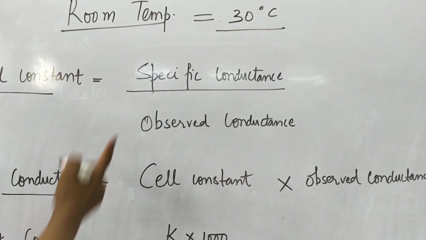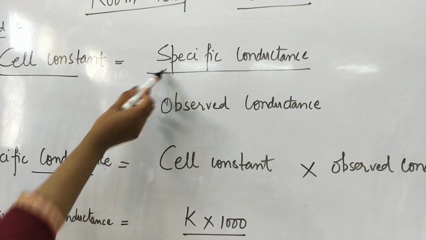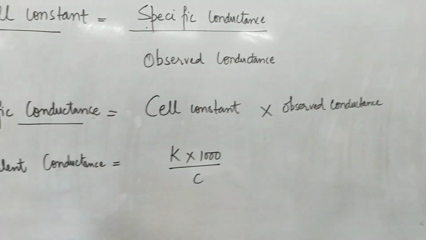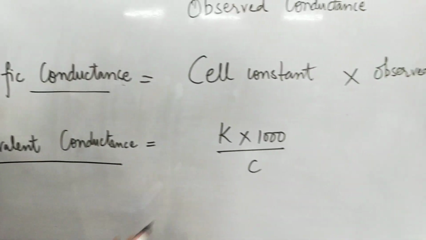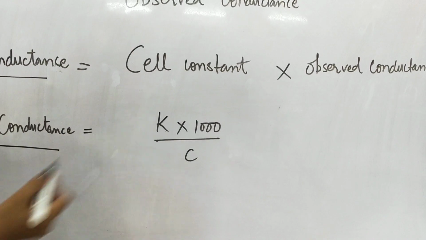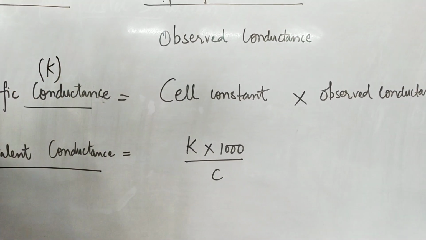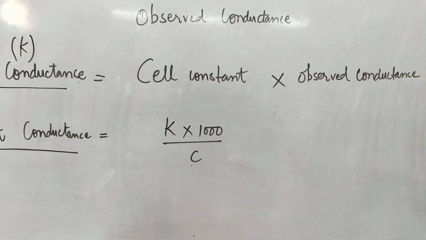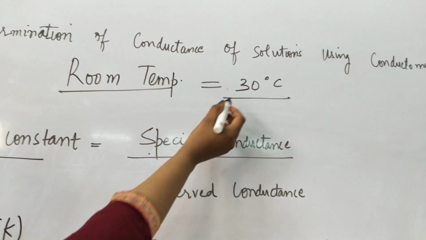By rearranging this expression, you will get the specific conductance, which is equal to the product of cell constant and observed conductance. Now to calculate the equivalent conductance, the formula is K into 1000 by C. This K is nothing but your specific conductance and C represents the concentration. And we have performed our experiment at room temperature, which is 30 degrees Celsius.